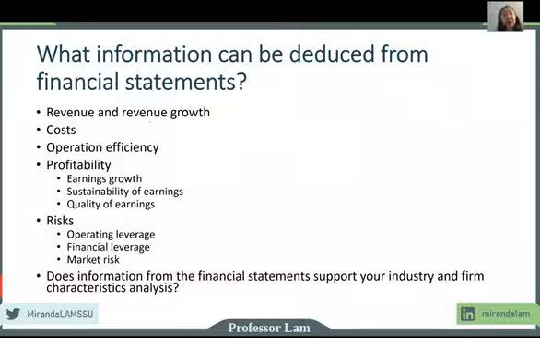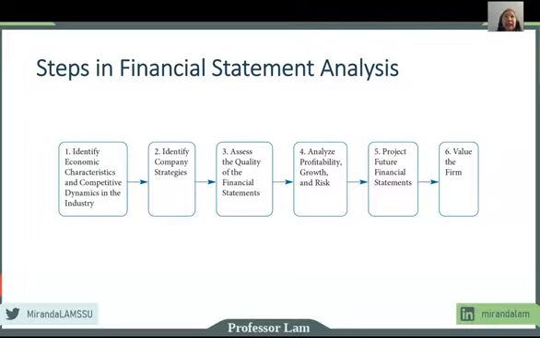So what we need to do is to take the information from the financial statements and then triangulate that with what we know about the firm and the industry, and ask, are they consistent? Do they make sense? Here are the typical steps in a financial statement analysis.